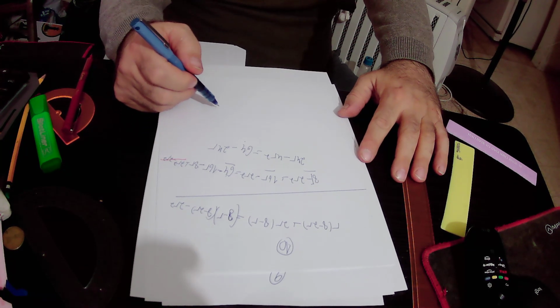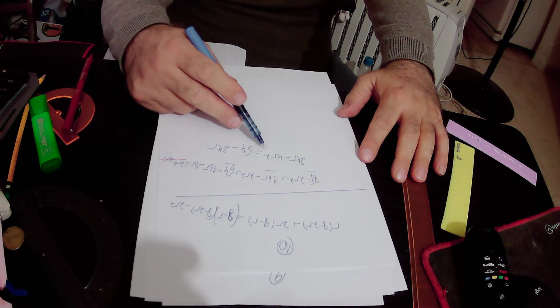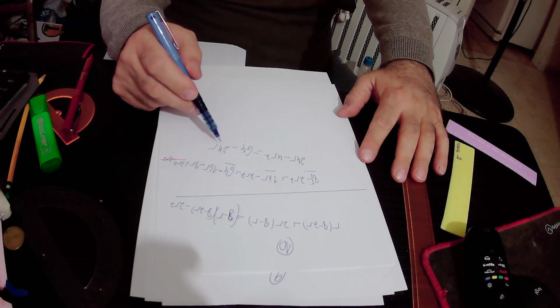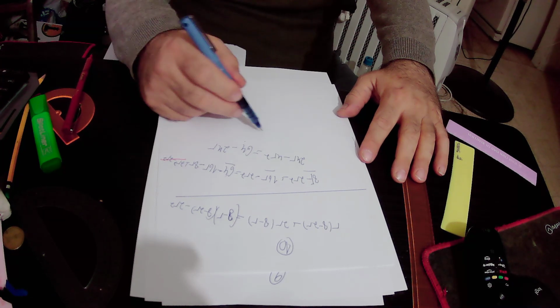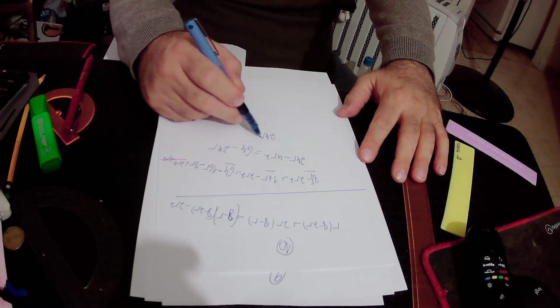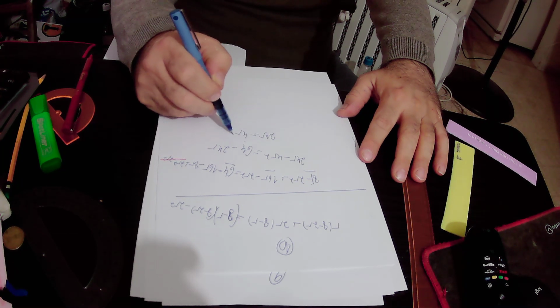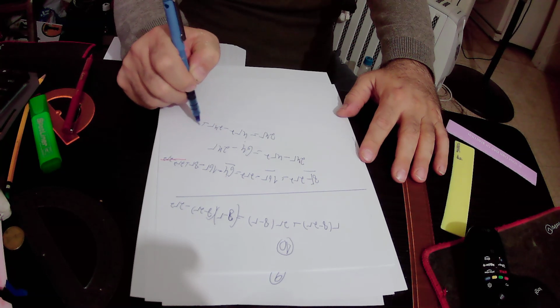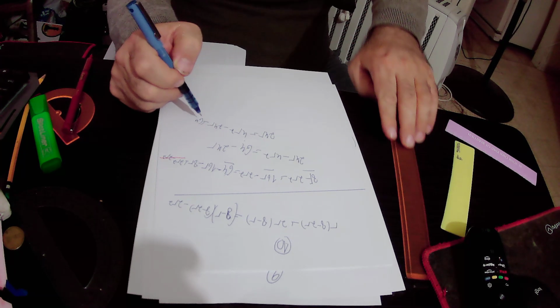Okay, so we will add 4r squared to this equality, and we will get that 24r equals 4r squared minus 24r plus 64. Okay.